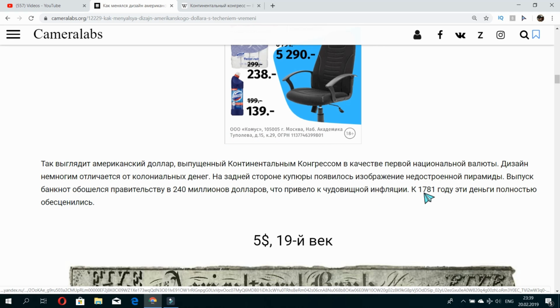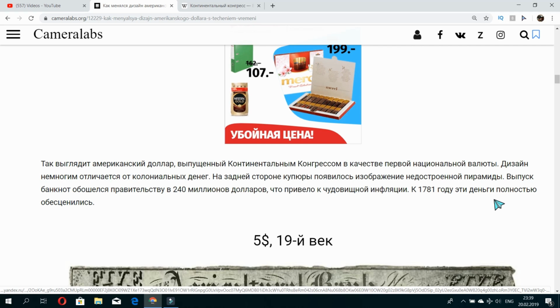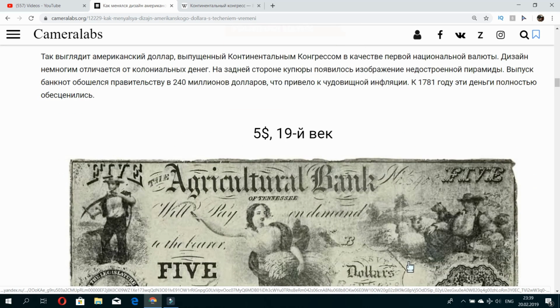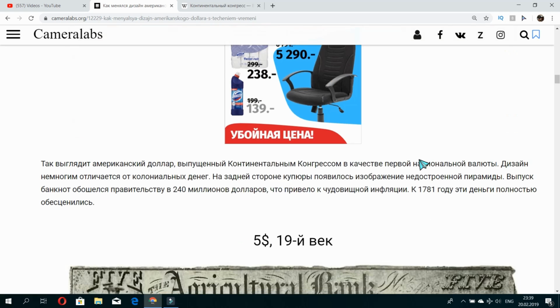And till 1781 all this money totally became priceless. I mean, their value was zero. Okay, and what I'm trying to say is that since then we don't have any money here.